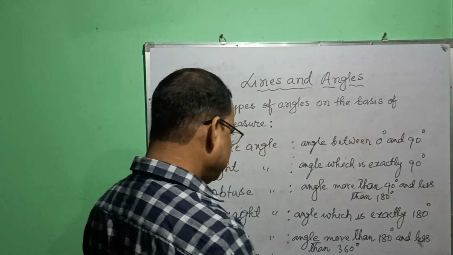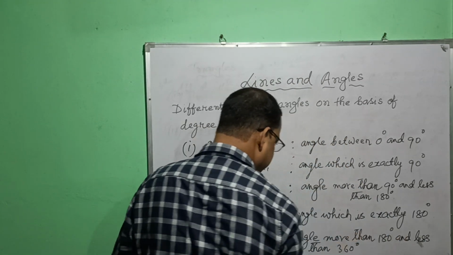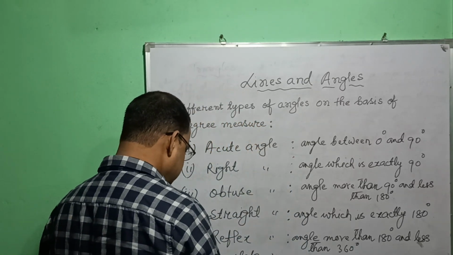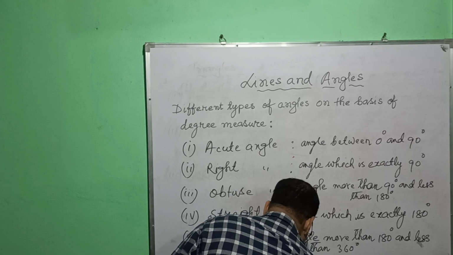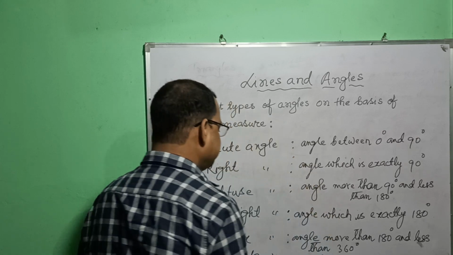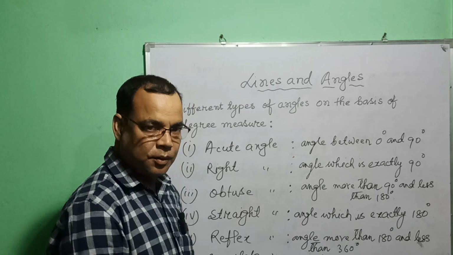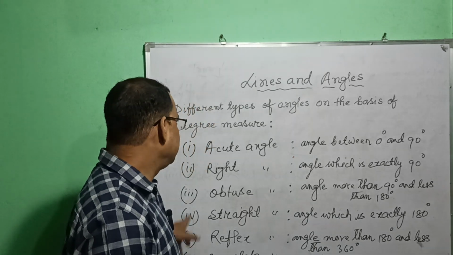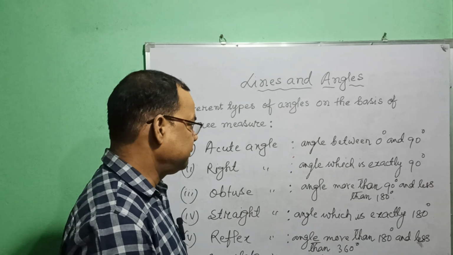So angle more than 180 degree and less than 360 degree is called reflex angle, and complete angle is 360 degree. The angle which is 360 degree is called complete angle. So these are the 6 different types of angles on the basis of degree measure.